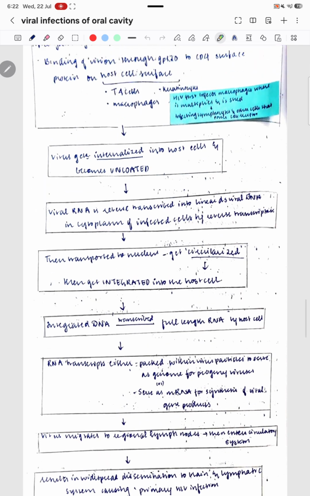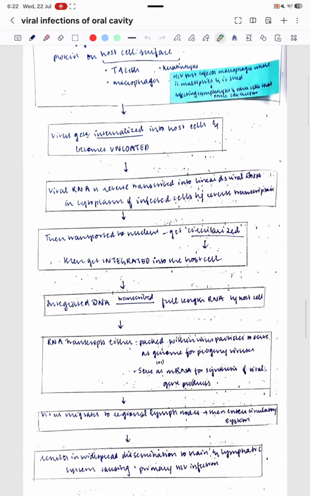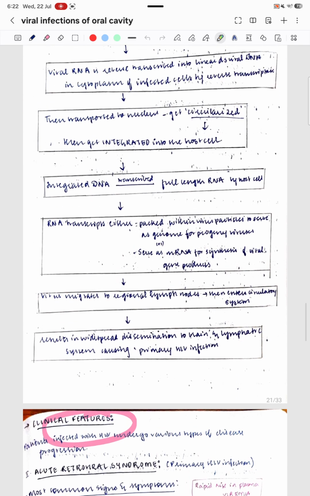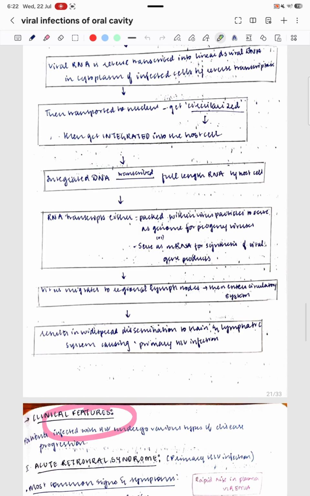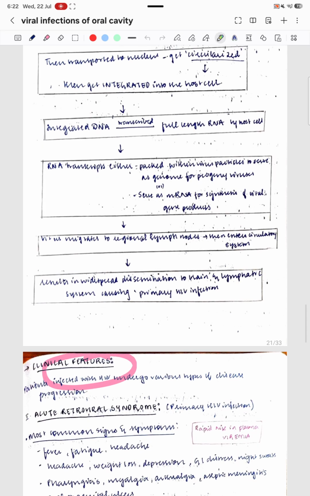Okay, then how it is targeting, what it is targeting, and how it is transcribed from DNA to full length RNA by the host.